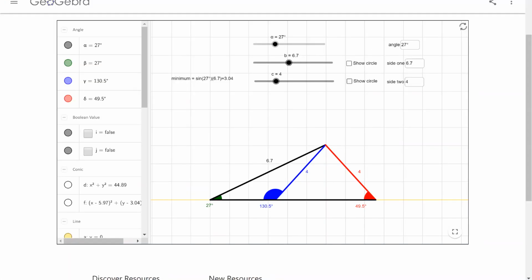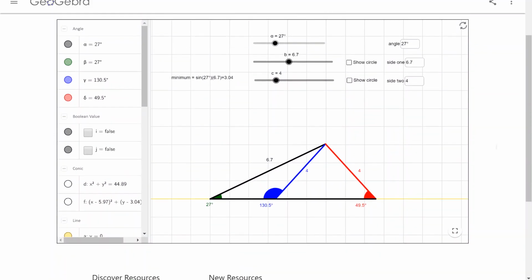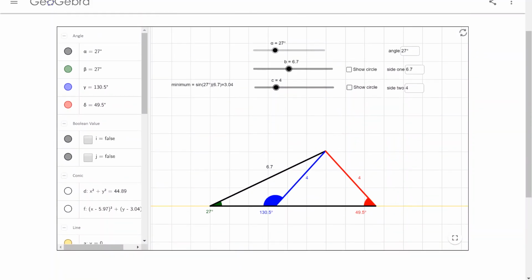So here is a demonstration that was created on GeoGebra by Brothen_1. And what we have is a triangle that has an angle of 27 degrees. One side is 6.7 units long, and the other side is 4 units long.